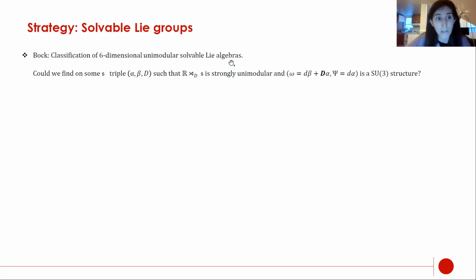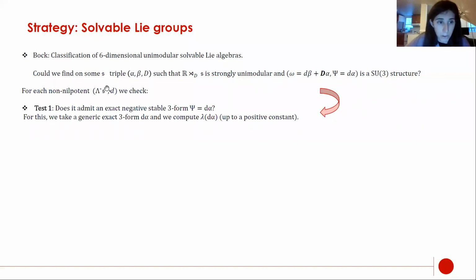So the only question we have to think about is, for every S in this classification of solvable Lie algebras, can we find a triple alpha, beta, D such that the semi-direct product of R with S is strongly unimodular, and the forms omega and psi defined by the equations we previously found define an SU3 structure?